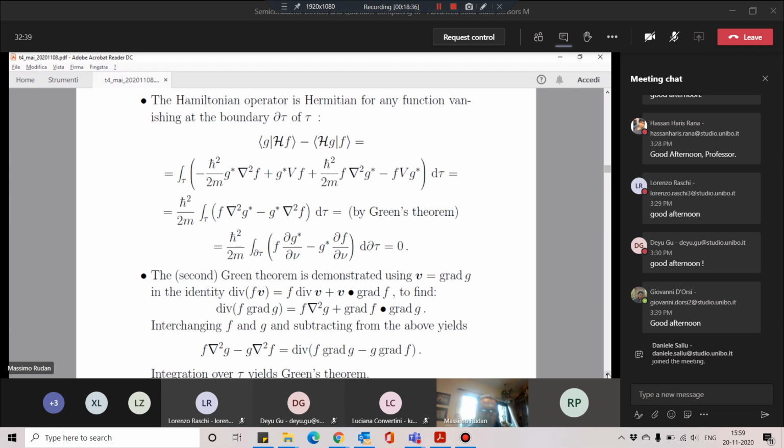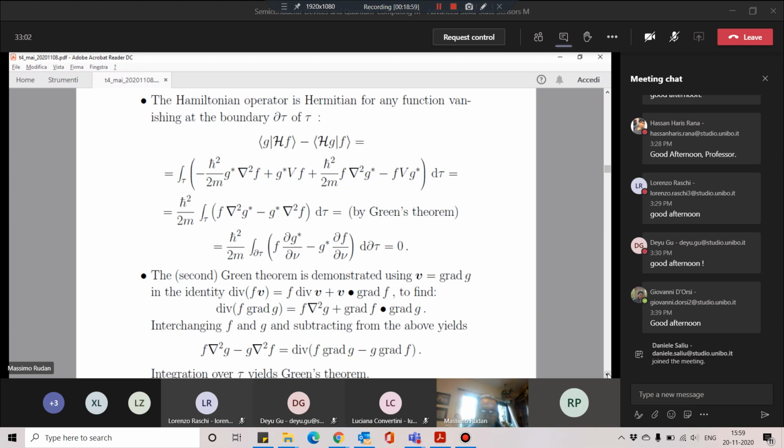Now there are two possibilities, as you remember. If the functions f and g are normalizable, then they go to 0 at the boundary. It doesn't really matter whether the boundary is at infinity or not.